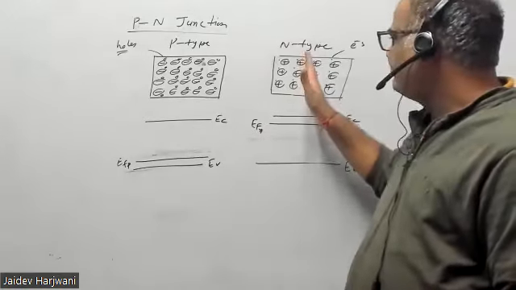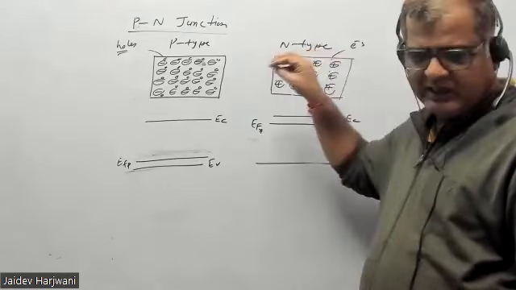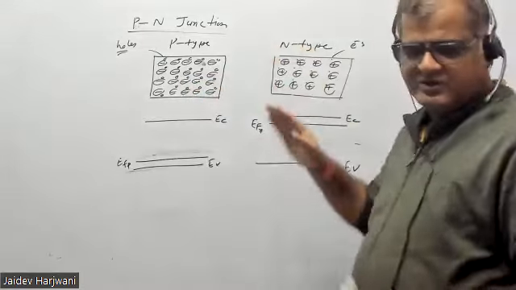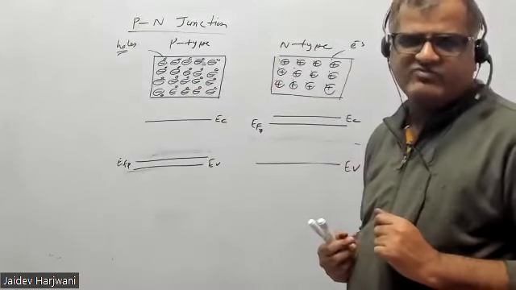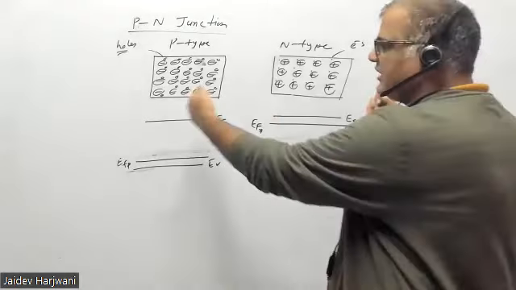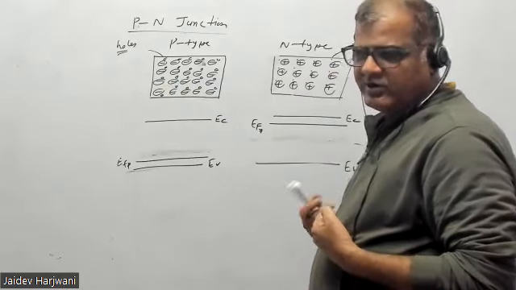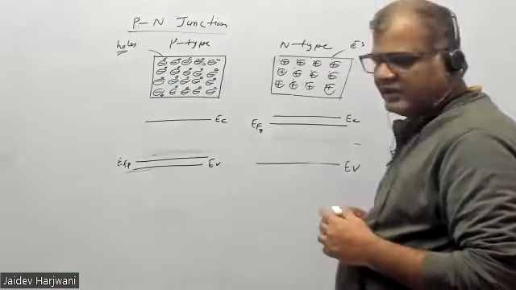Then for a partial section of it, they dope a high amount of p-type impurities. In this way, a PN junction is formed by the diffusion process. You don't take separate n-type and p-type materials and join them together. That way you cannot join them, because these are two separate materials.